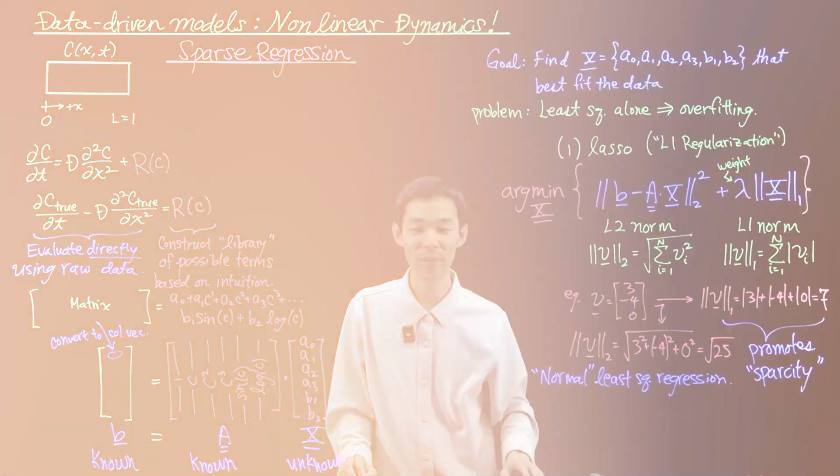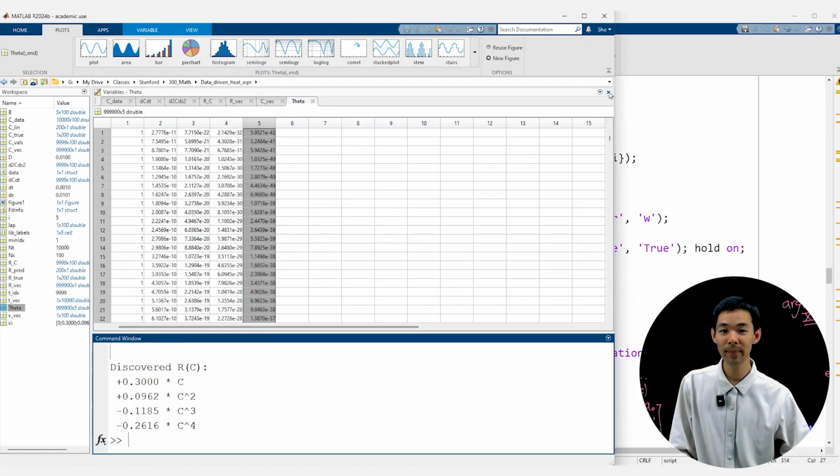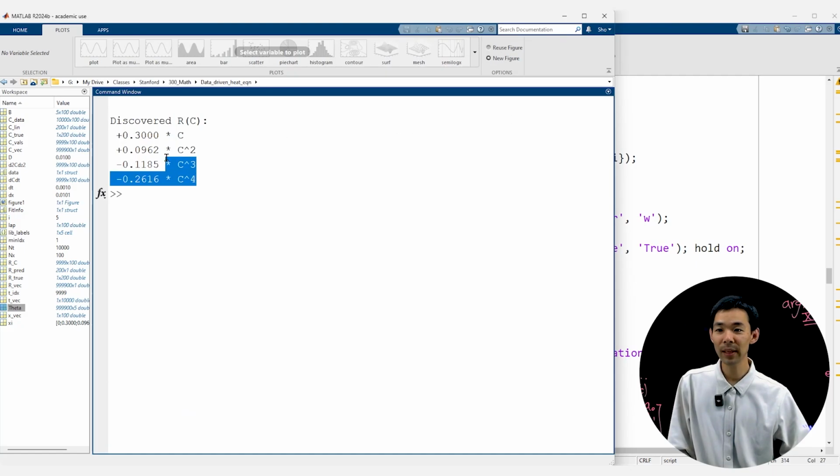So we have all this data, and now we're going to fit the data based upon the unknown coefficients. What I show here is a fit of the black data, behind the red dashed line, and the red dashed line is the fit based upon the lasso regression I just showed. You can see that it goes through the data very well, but if you look at the command window output, it looks something like this.